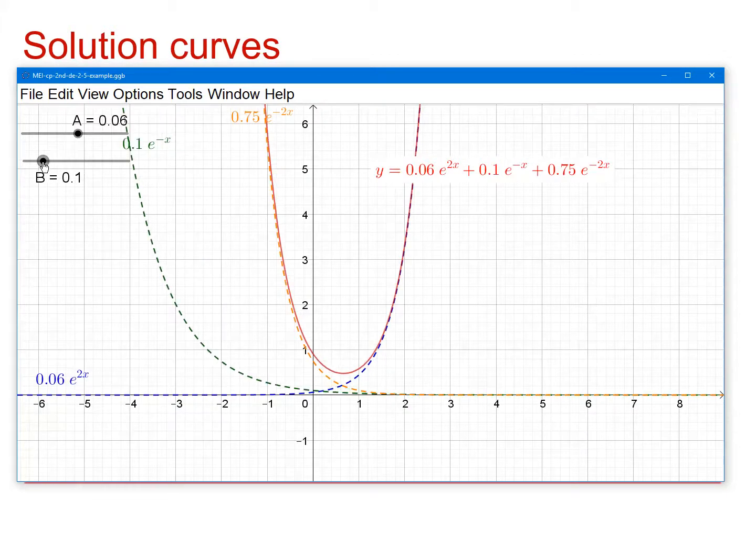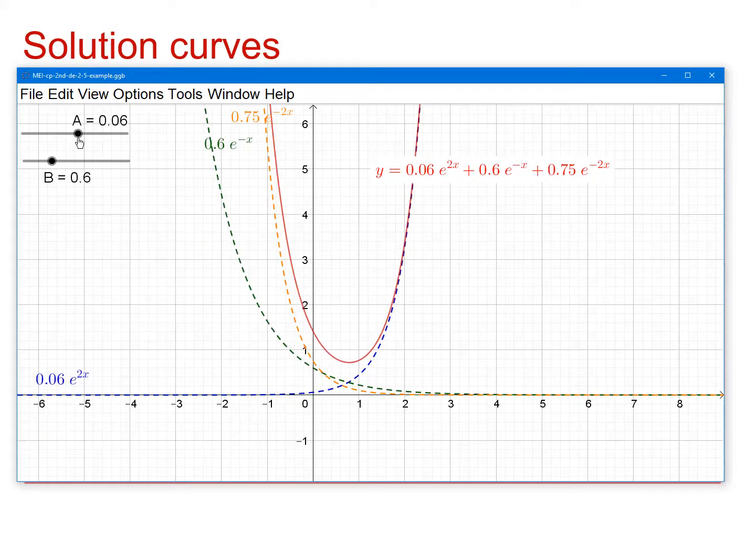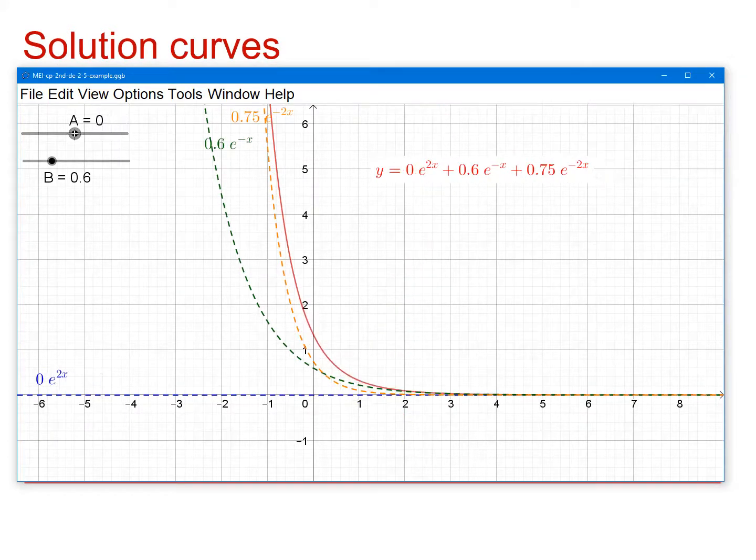Well, if b is 0, we're just being driven by e to the 2x and e to the minus 2x bits of the function, and so it just sits between those two. If a is 0, then it's basically being driven by the e to the minus 2x. Although e to the minus x does have an effect, it's not as significant as the effect of the e to the minus 2x.